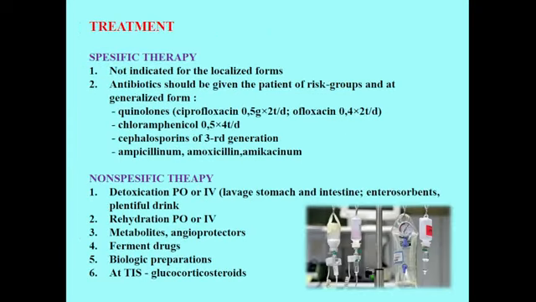Treatment. Specific therapy is not indicated for localized forms. Antibiotics should be given to patients of risk groups, like for example the elderly, or in generalized form. Quinolones: ciprofloxacin 500 milligrams twice a day, ofloxacin 400 milligrams twice a day.